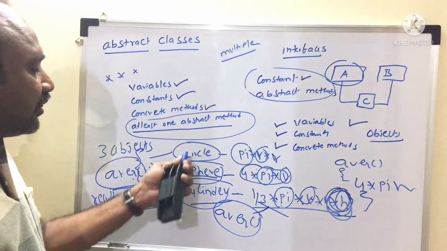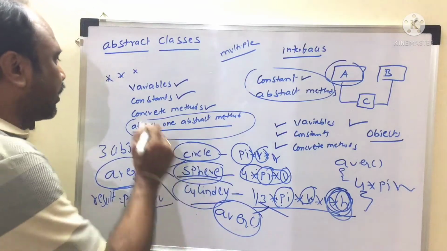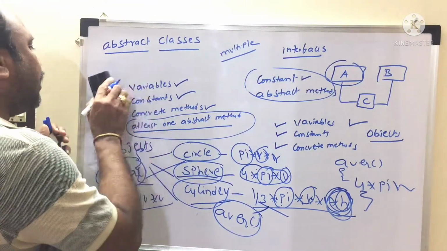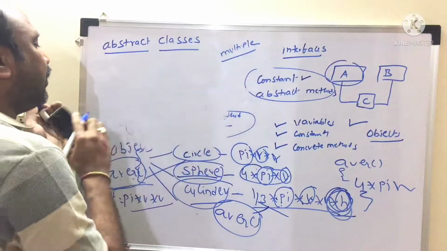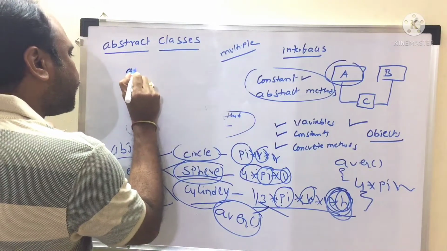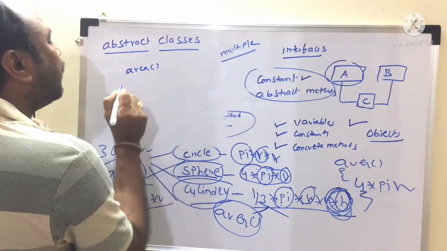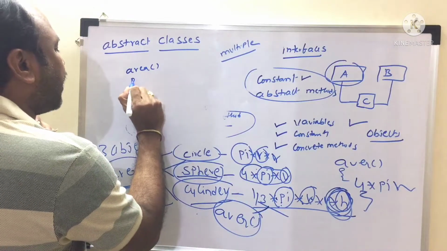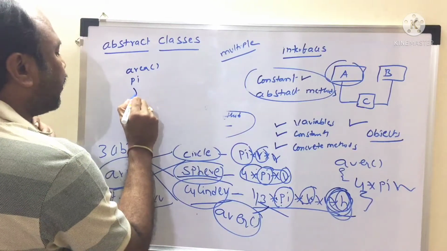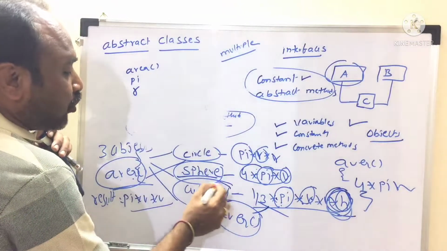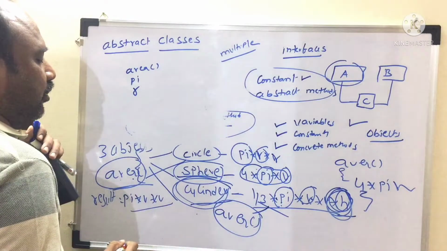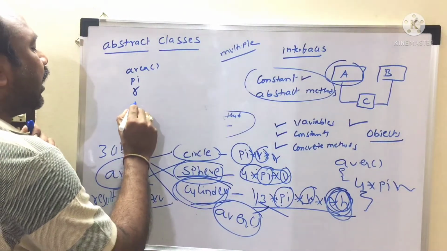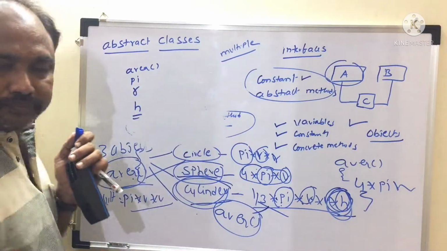Means all these three objects require a common method, that is what method? Area method. And all these require the pi value and all these require the r value. But when I am going to use the cylinder object, I have to use the h value.